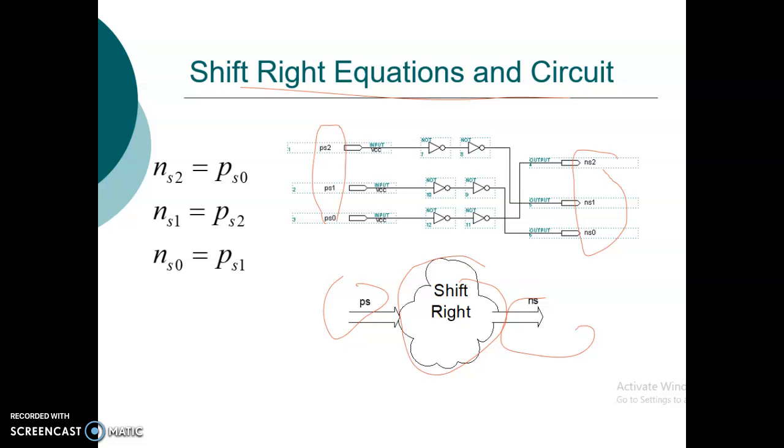For example, PS2 is coming to this NOT gate and we want output to NS1. PS2.